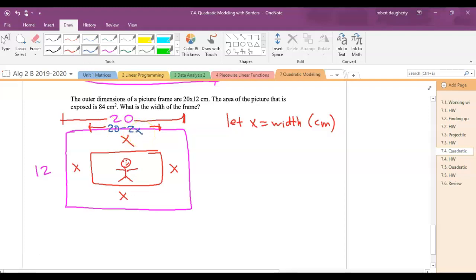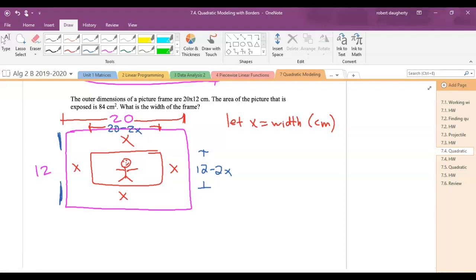And then if you look at the distance from here to here, that has to be what? 12 minus 2x. Why is it 2x? If this is 12, the distance from here to here is x. The distance from here to here is x. So this has to be 12 minus 2x. The whole thing is 12. And to figure out what this piece is, it's 12 minus x minus x.